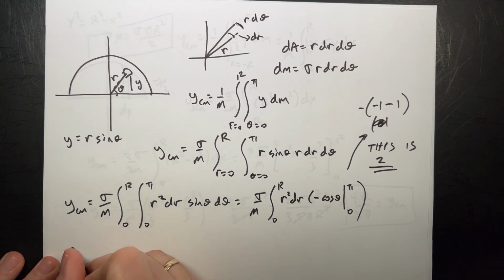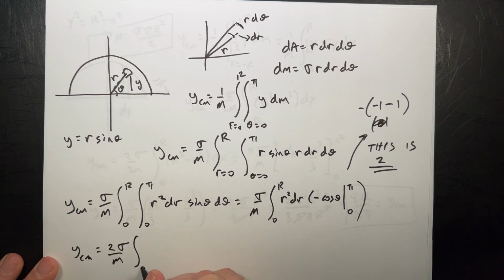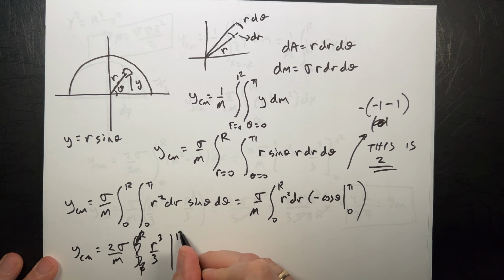And now we have the y. Y center of mass is going to be 2 sigma over m from 0 to r, and r squared dr is going to be r cubed over 3. Oops, I did the integral already, from 0 to r. Yep.